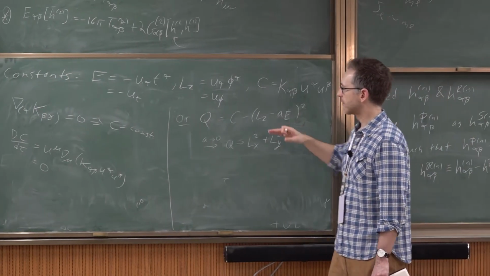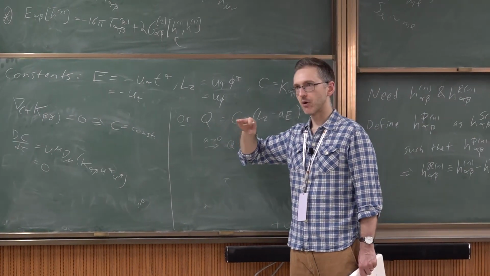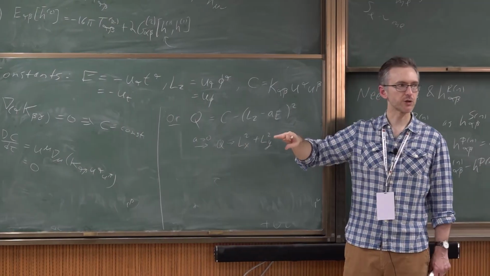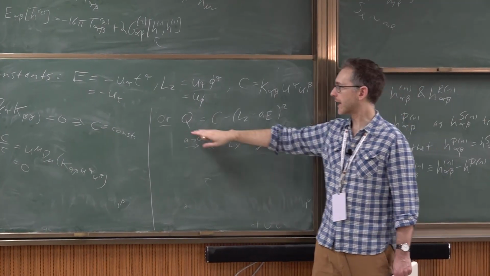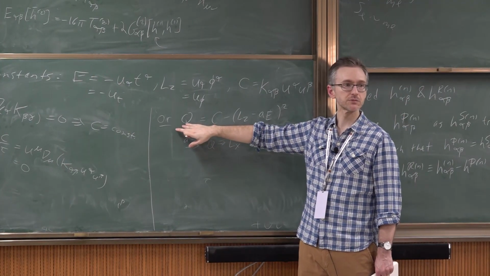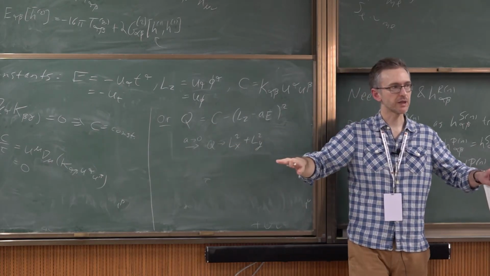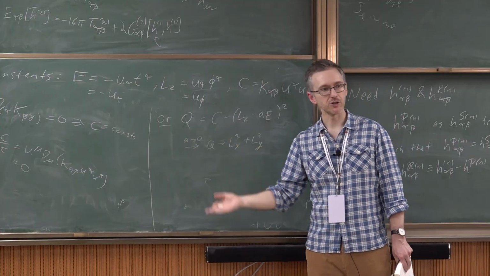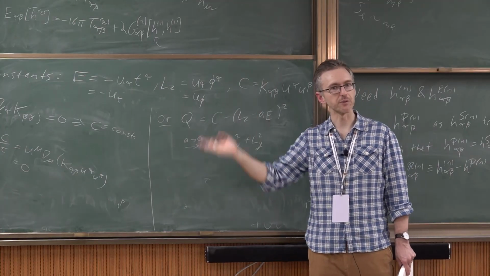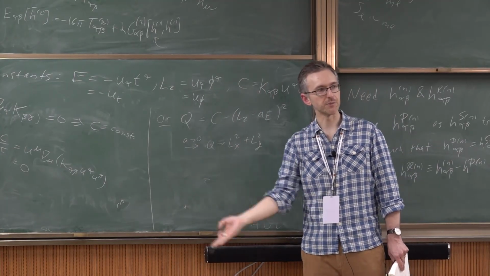And because of that, if you have a motion confined to an equatorial plane in Kerr, that corresponds to Q being 0. So if Q is 0, the motion is confined to the equatorial plane. If Q is non-zero, that tells you how much it's inclined away from the plane, how much it's oscillating around the plane.